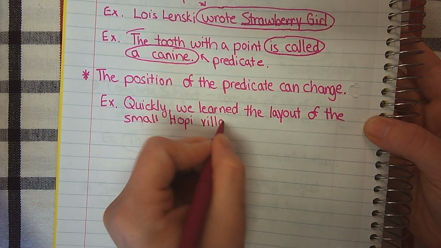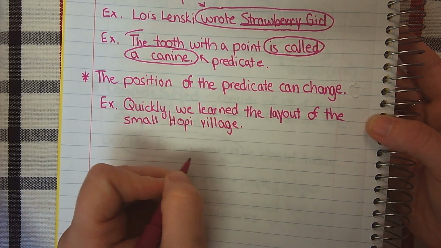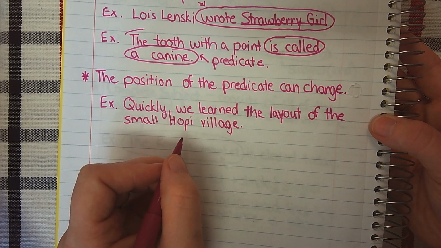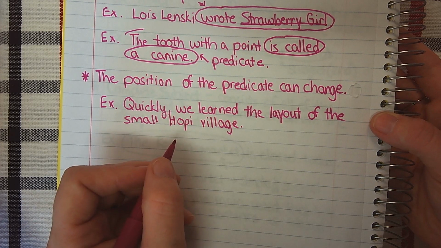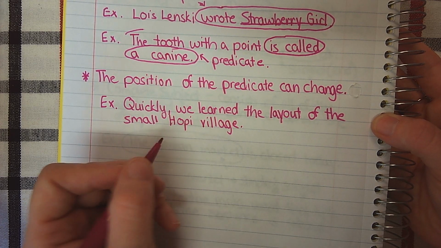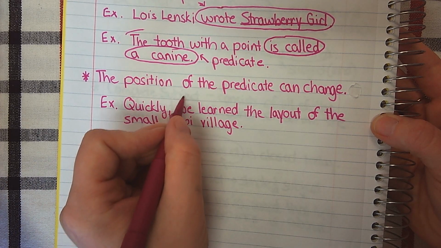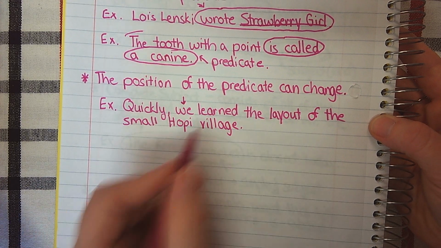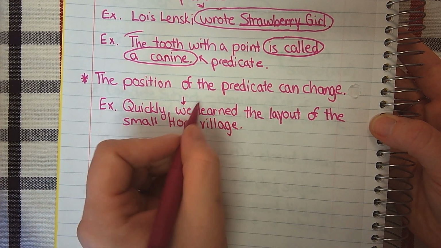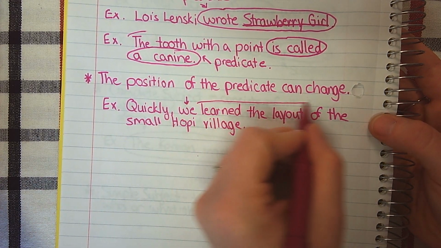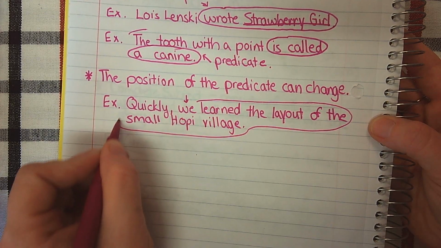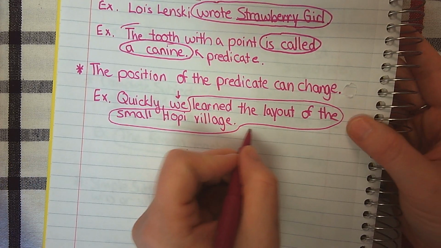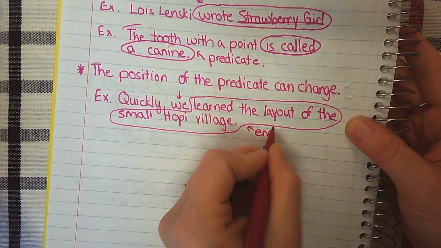And I am not 100% sure I am pronouncing this word right. Okay. So first we need to identify the subject. Who or what is the sentence focusing on? The subject of the sentence is we. That's who it's focusing on. So what information are they telling us about we? Well, they're telling us that we learned the layout of the small Hopi village. Okay, so in this case, our predicate is at the end of the sentence.